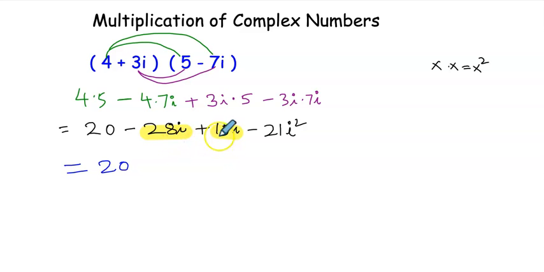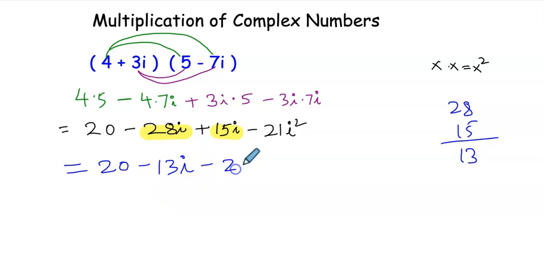So I'll have to remove the smaller number from the greater. So from 28, I'll remove 15 to give you 13. And what is the sign of the greater number? A negative sign. So I'm going to get a minus, that result is 13i. Just 28 minus 15 is 13, and 28 has a negative sign, so I got a negative sign.